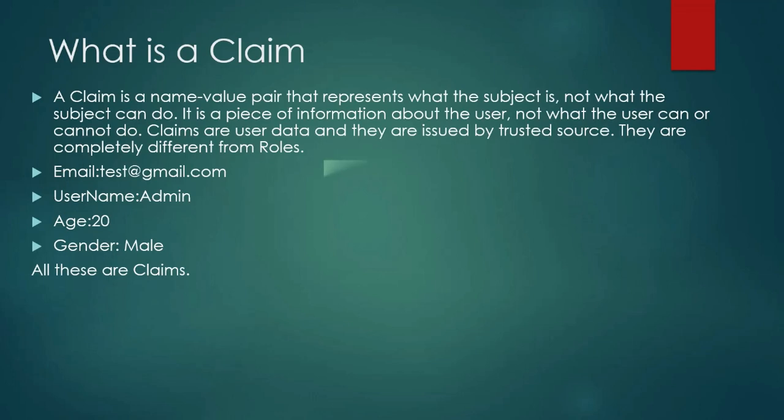Some of you may be wondering, what about the first name of a person? First name is information about a user, so first name is also a claim. The name-value pair will be first name, and the value can be John.